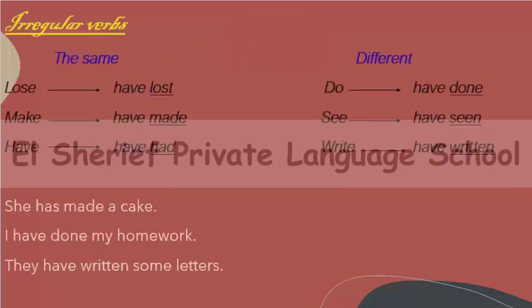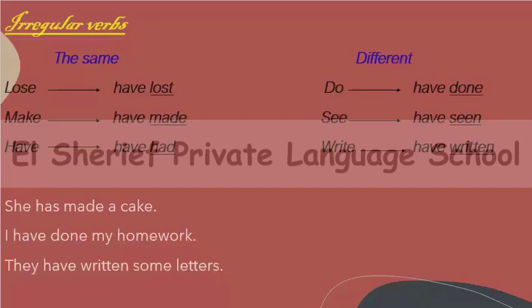We have here the irregular verbs. Some verbs stay the same, like the verb lose. Lose in the first form, lost in the second form, and in the third form the same, lost. Make, second form made, third form made. Have, second form had, third form had.